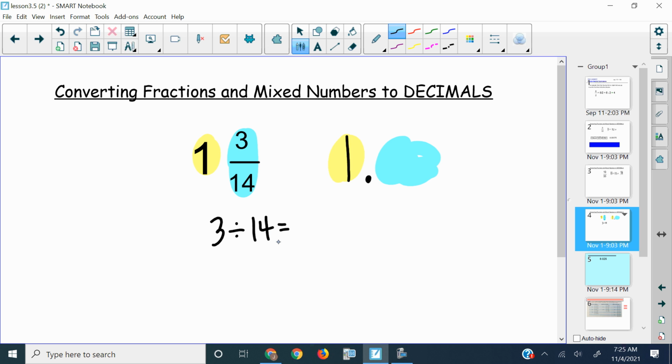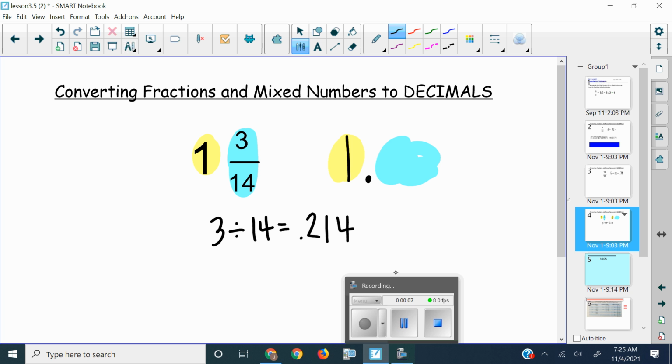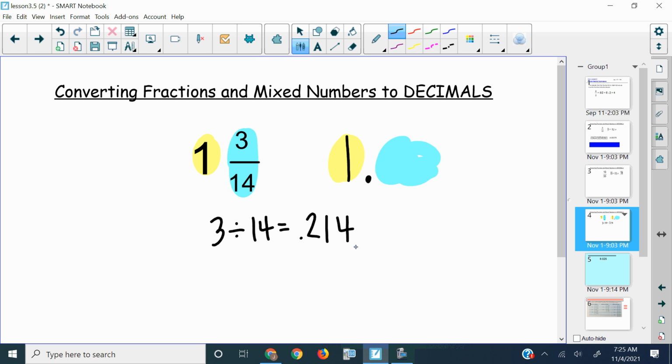So my calculator, when I go 3 divided by 14, press the equals button, I get a pretty long decimal here. Okay, 2, 1, 4, 2857.